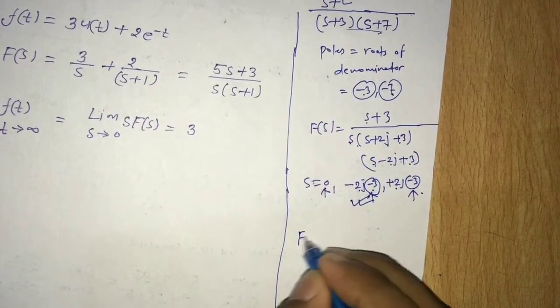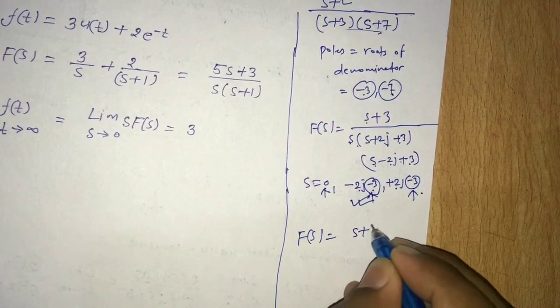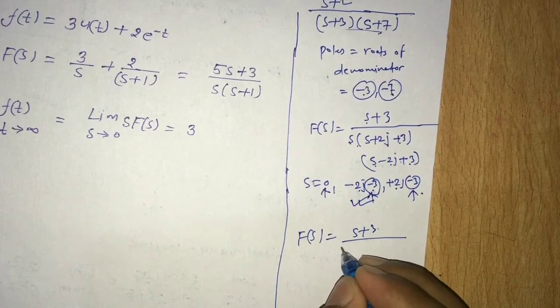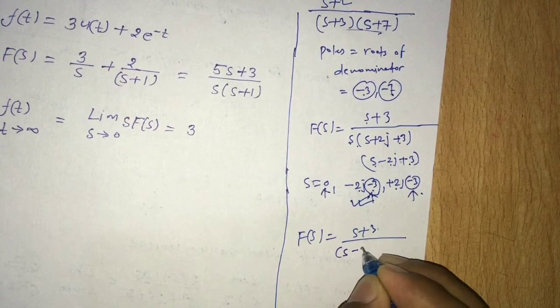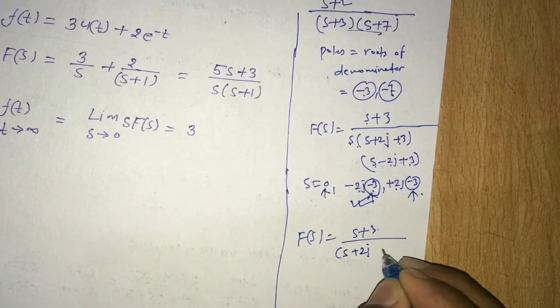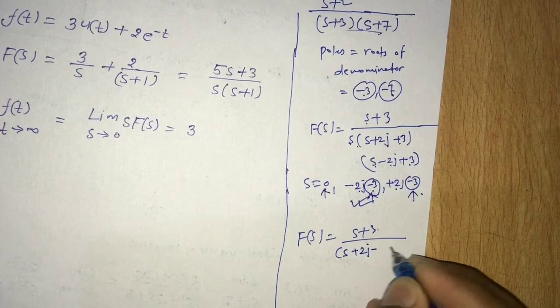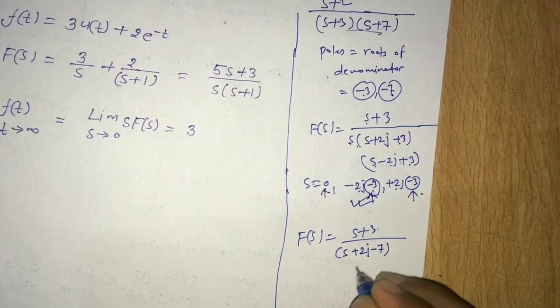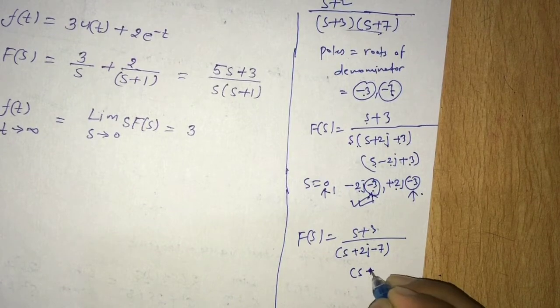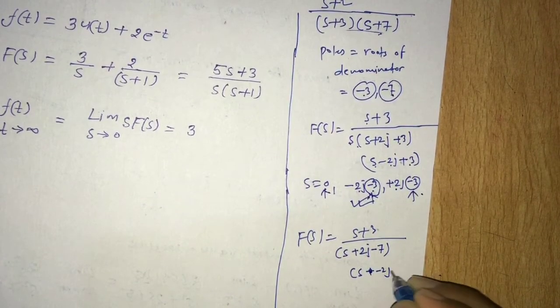Let us consider a function F(s) equals s plus 3 by (s minus (2j plus 7)) into (s minus (2j minus 7)), because of the conjugate form.